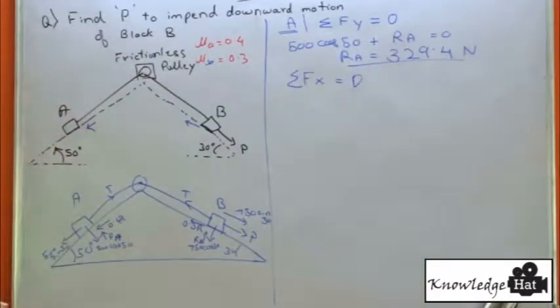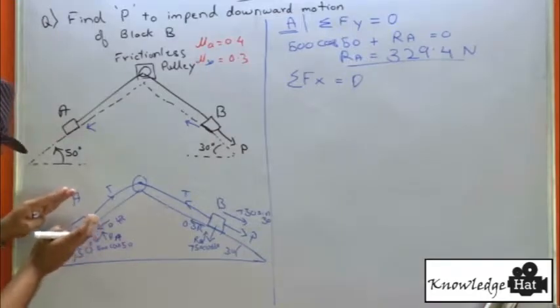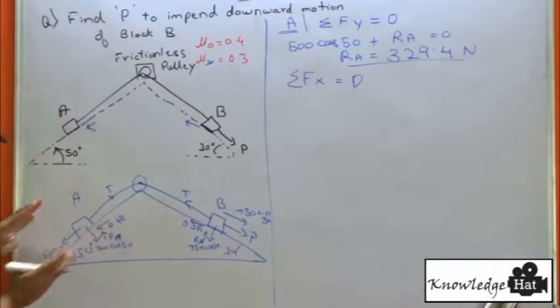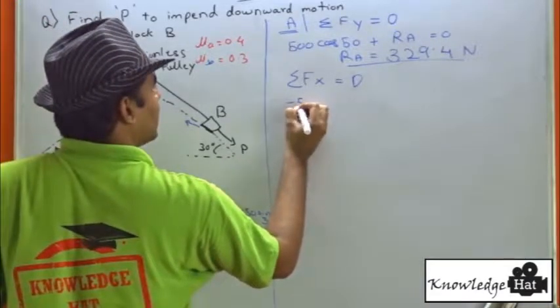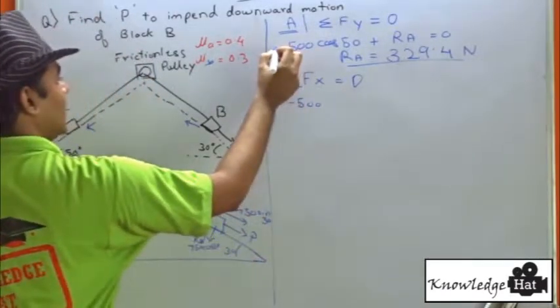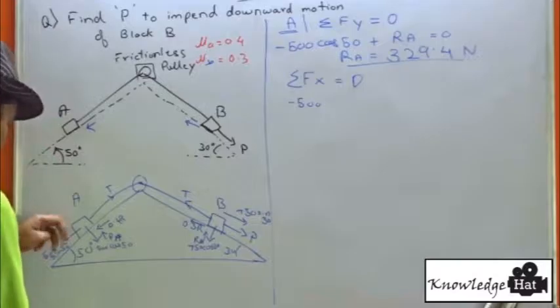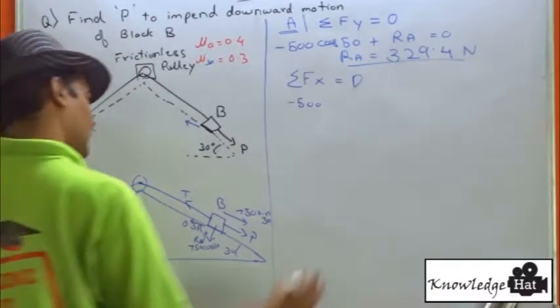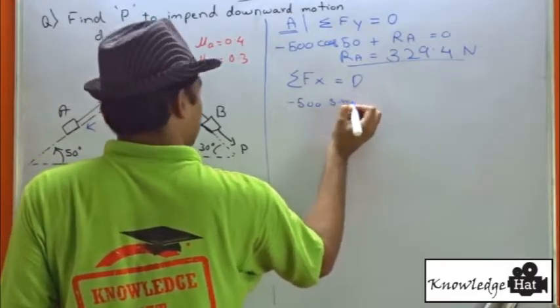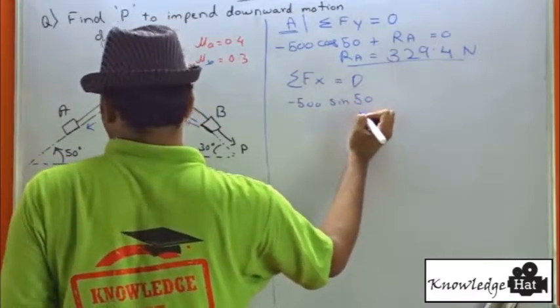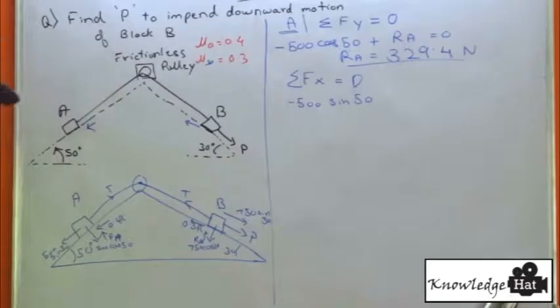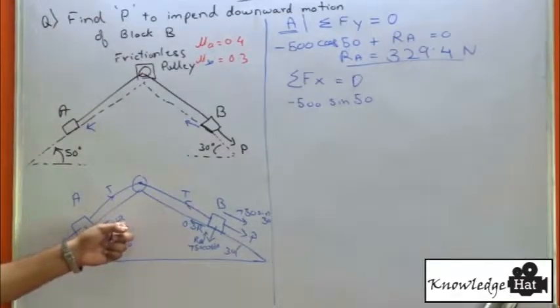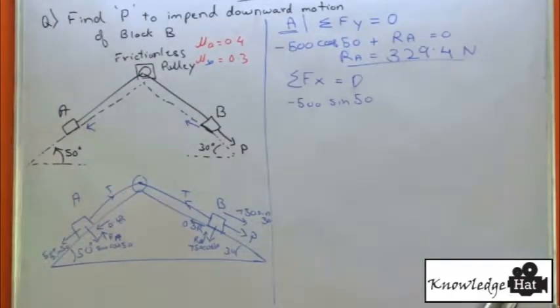Now, the horizontal component of the weight is in the negative x direction, because it is in downward direction, so it will be minus 500 sine of 50 degrees, and the frictional force is also acting in this direction.